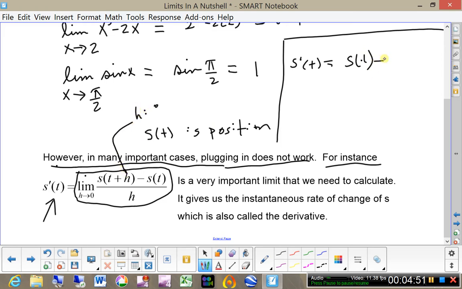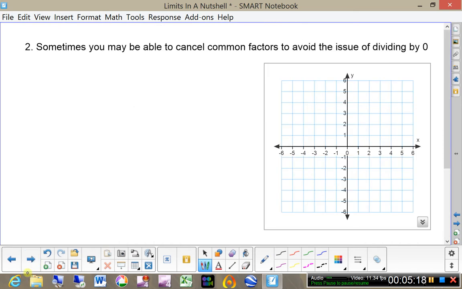You get s of t minus s of t divided by 0, and we get 0 over 0, which is not defined. So how do we deal with cases like this? Well, let's consider an example.